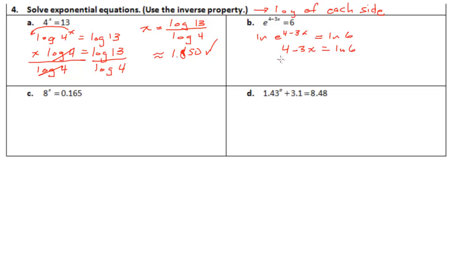Now, from this point on, it's just some algebra. Subtract 4 from both sides, and then divide each side by -3. And I get x is equal to the natural log of 6 minus 4, all divided by -3. Let's take a look at that.